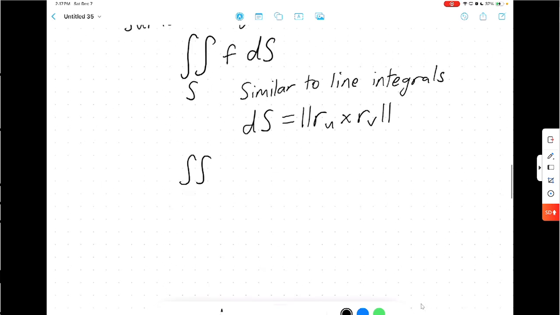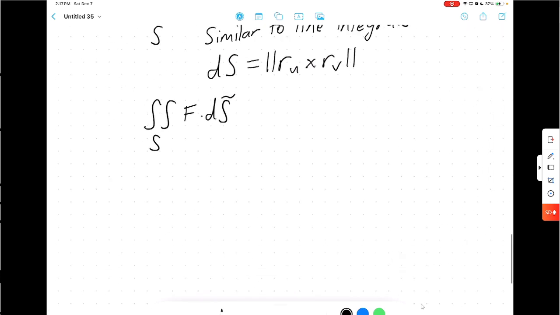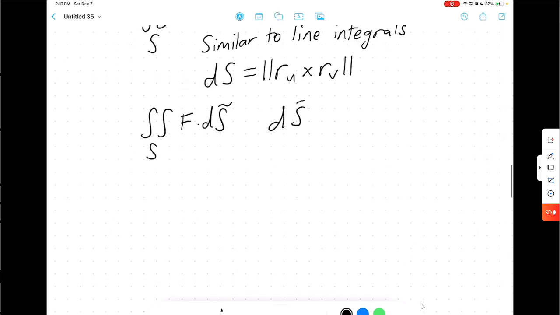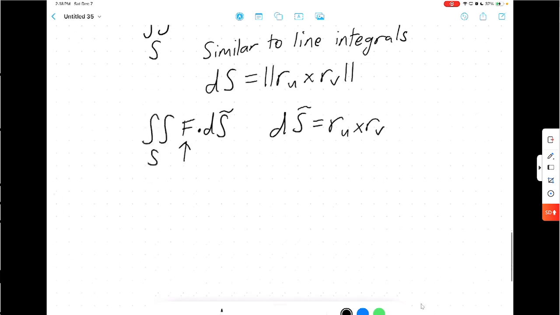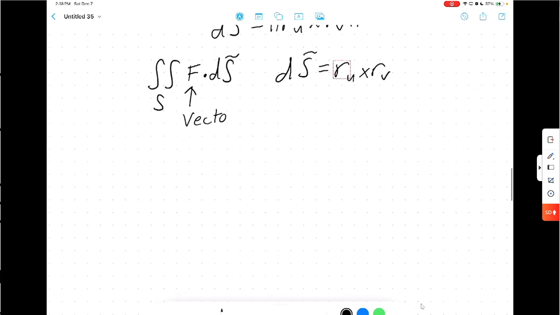And for the vector version, I'm going to put a tilde on this S because it's slightly different. So this dS tilde is just the vector r_u cross r_v, and you're going to dot F, which is a vector function, with the vector you get out from the dS.